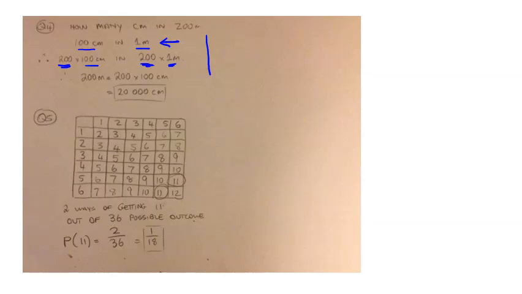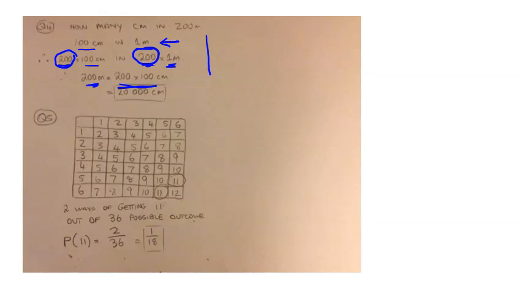So in this case, we've multiplied this 1 metre unit by 200, so we have to do the same there. As you work down the page, we then realise that 200 metres is the same as 20,000 centimetres. That's how we do that one.